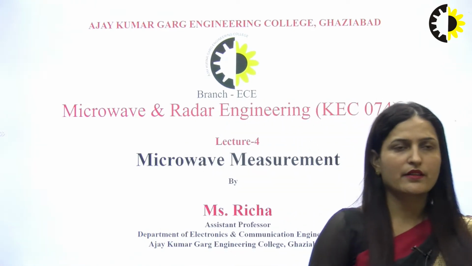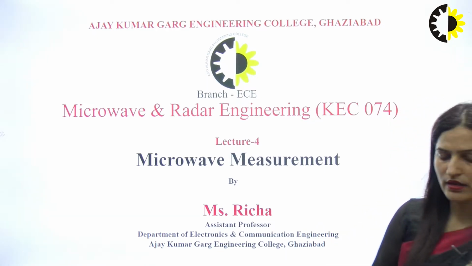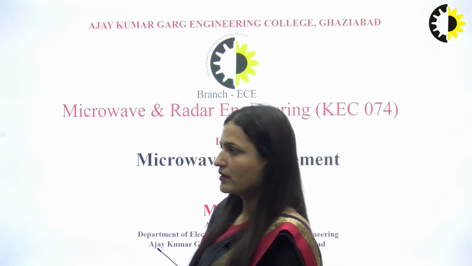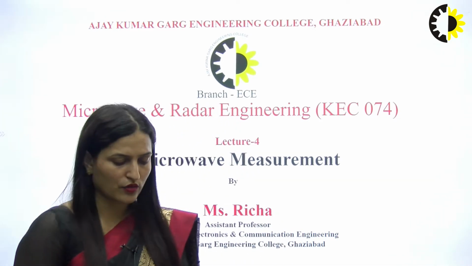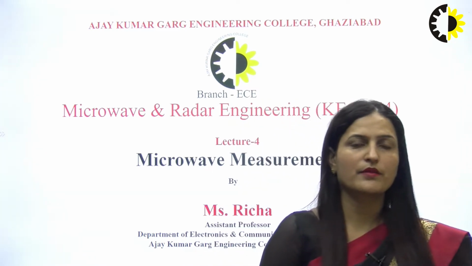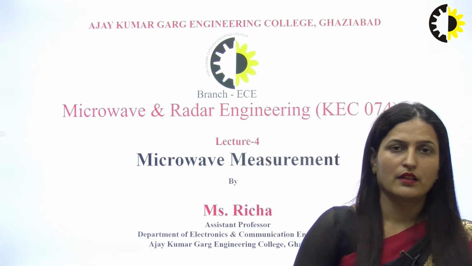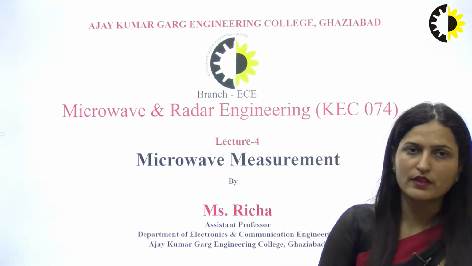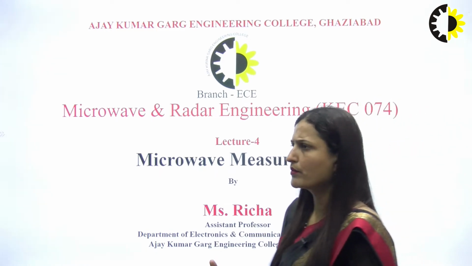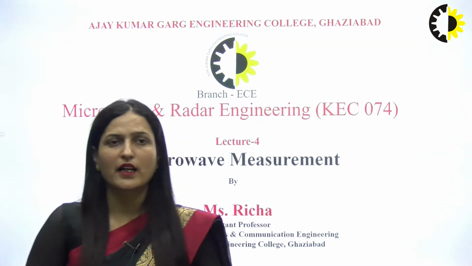After the waveguide transmission line, we discussed the various types of microwave devices. Because first we have a transmission line, how the signal behaves in the transmission media, then what are the different types of devices we are using for microwave signals. After that we discussed the microwave source, and in the last we will discuss microwave measurement.